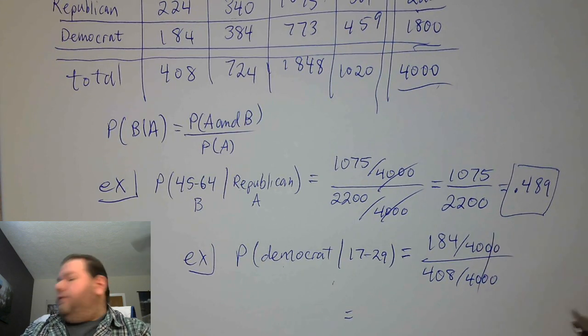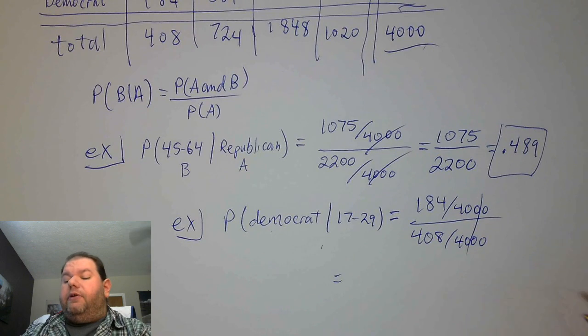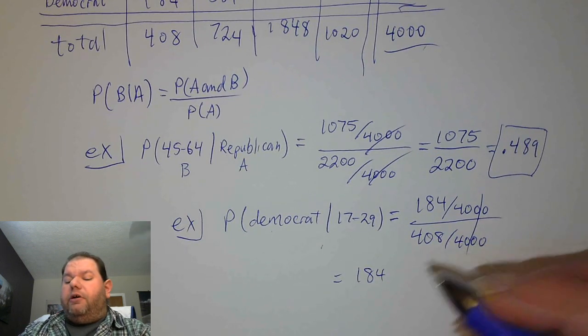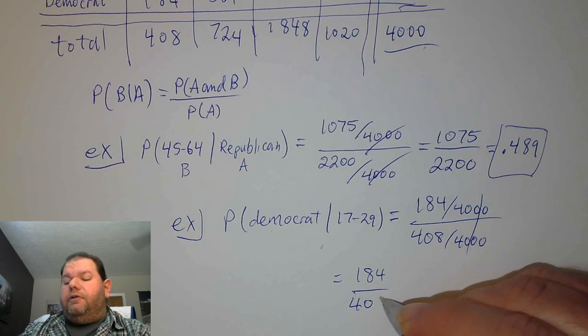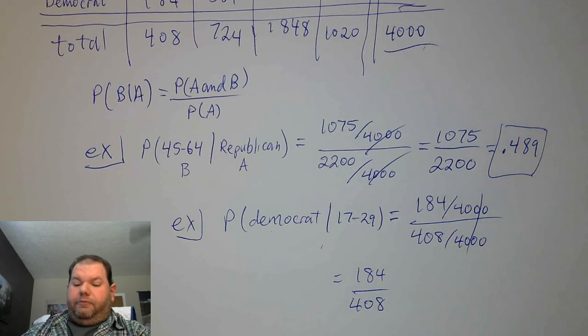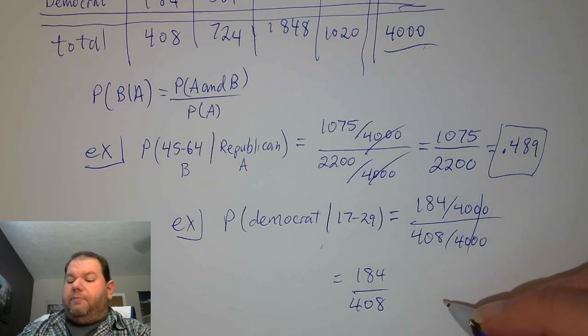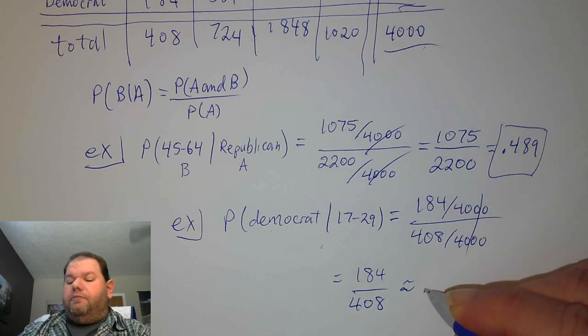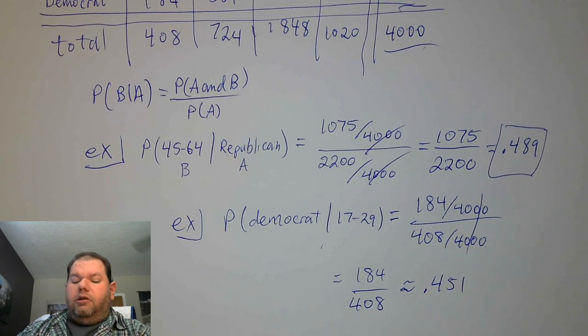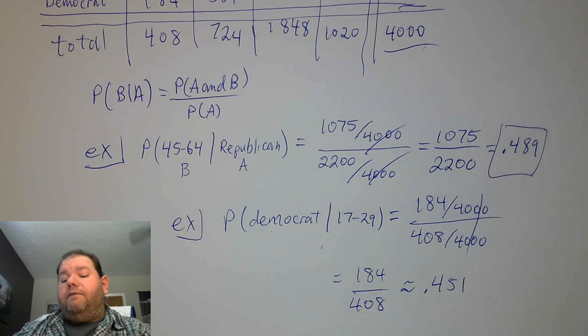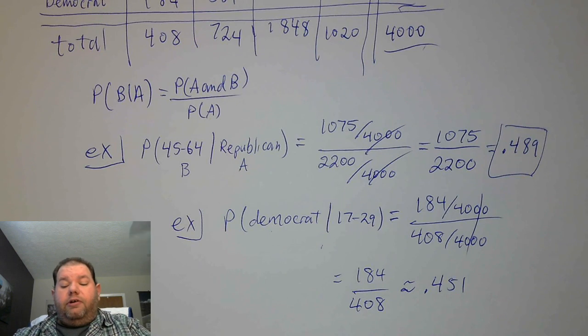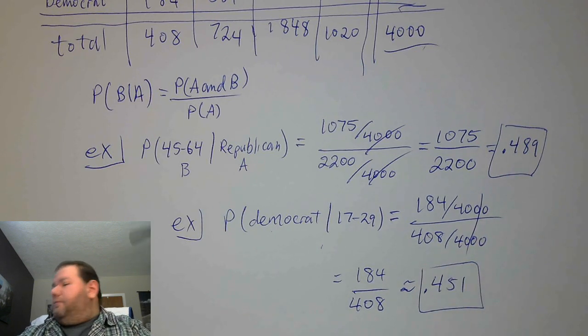The 4,000 are going to cancel here, so it's 184 out of 408. And we end up with about 0.451, so a little better than 45% of 17 to 29 year olds are Democrats. That's what that really tells us, at least based on the survey.